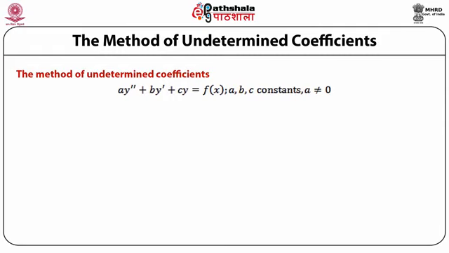In this method, we start with a trial solution containing certain parameters, put it into the given equation, and equate the two sides to obtain the values of those parameters.